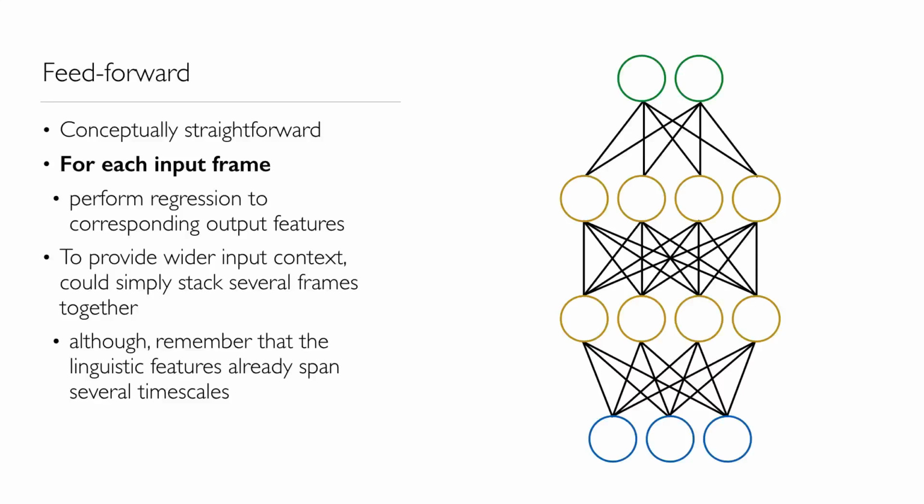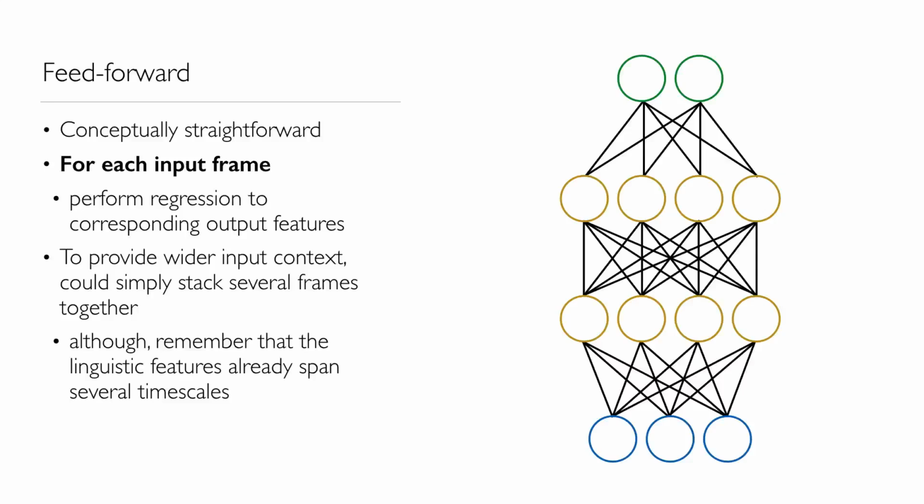After we get the input and output features, one very simple, naive way is to train a feed-forward neural network. The input is just the linguistic feature, and the output is the acoustic features. We do it frame by frame. If you want to consider longer context in this architecture, we can stack the linguistic features from several frames.